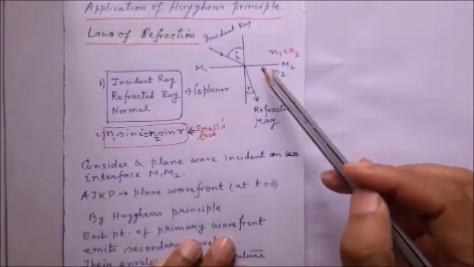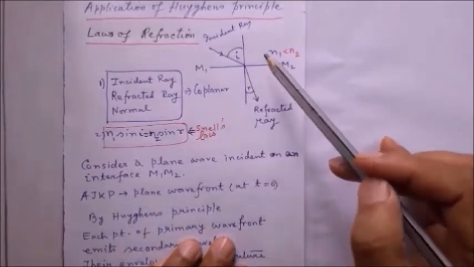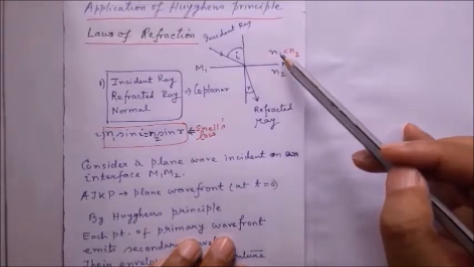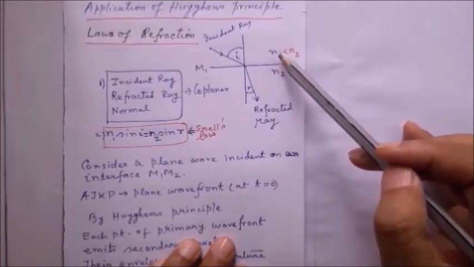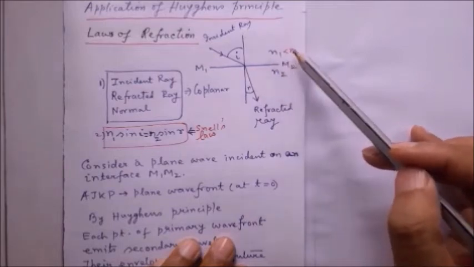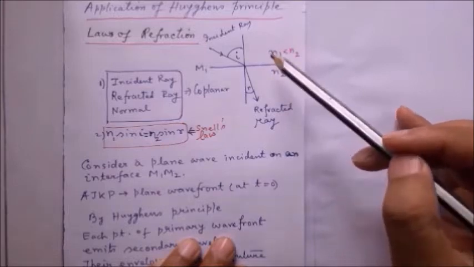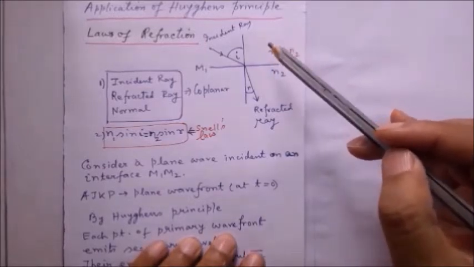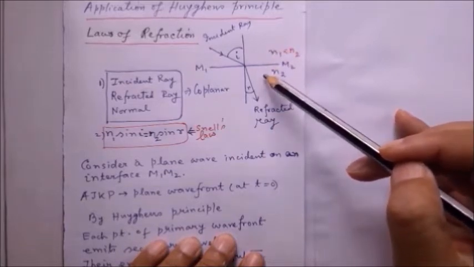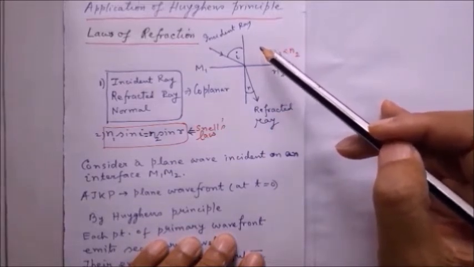This is an interface M1, M2 which separates two media. One is rarer, one is denser, and the rarer medium has refractive index N1 and that of the denser medium is N2. So obviously N1 is less than N2. Also, let us be reminded of the fact that velocity is lesser in denser medium and greater in rarer medium.